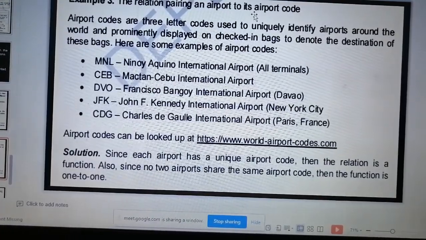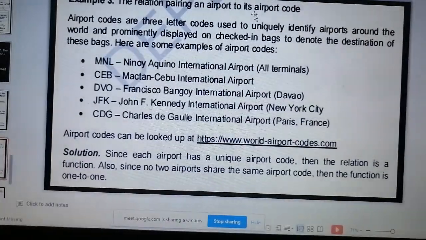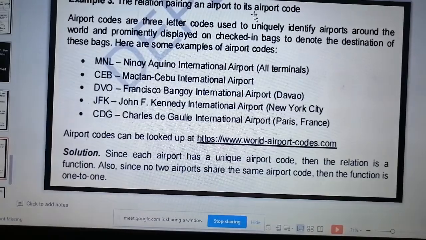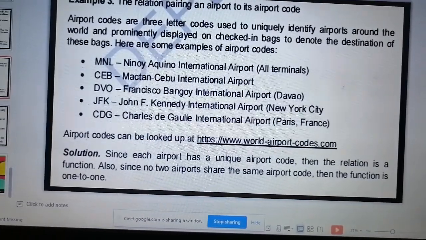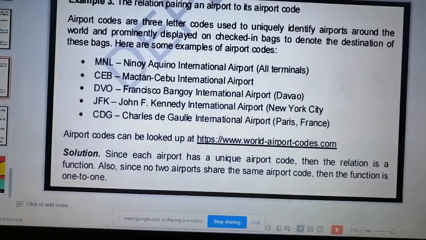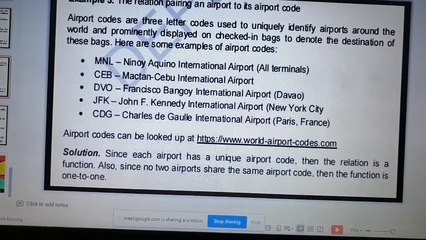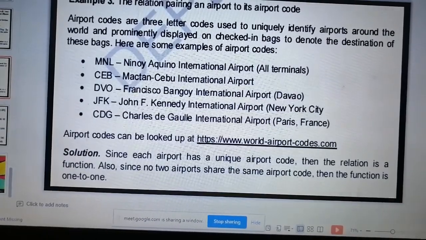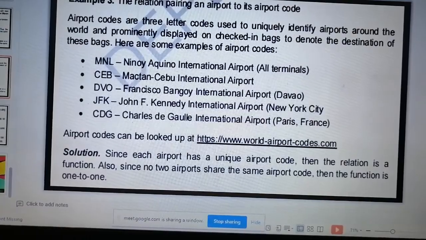Meron bang airport na pareho ang code? Meron? Baka meron kayong alam. Ako kasi wala akong alam. Halimbawa, pag sinabing Mactan Cebu International Airport, saan makikita yan? Cebu.